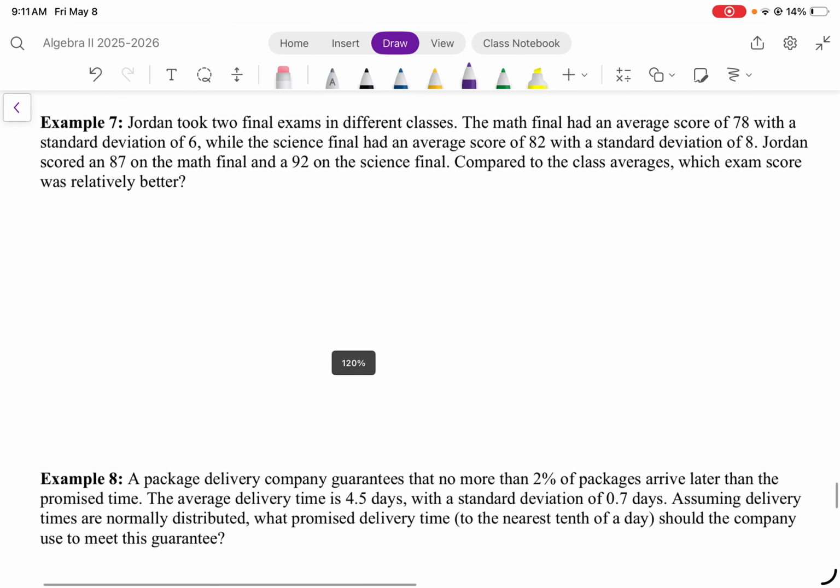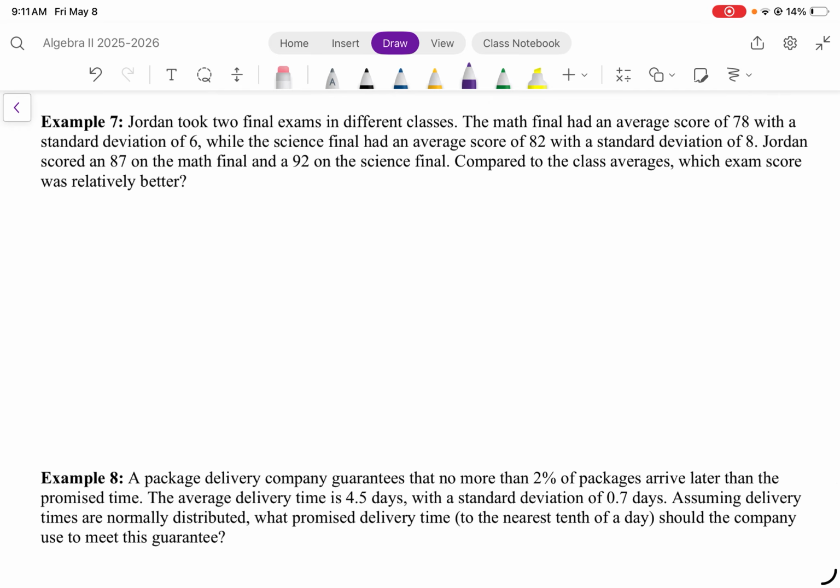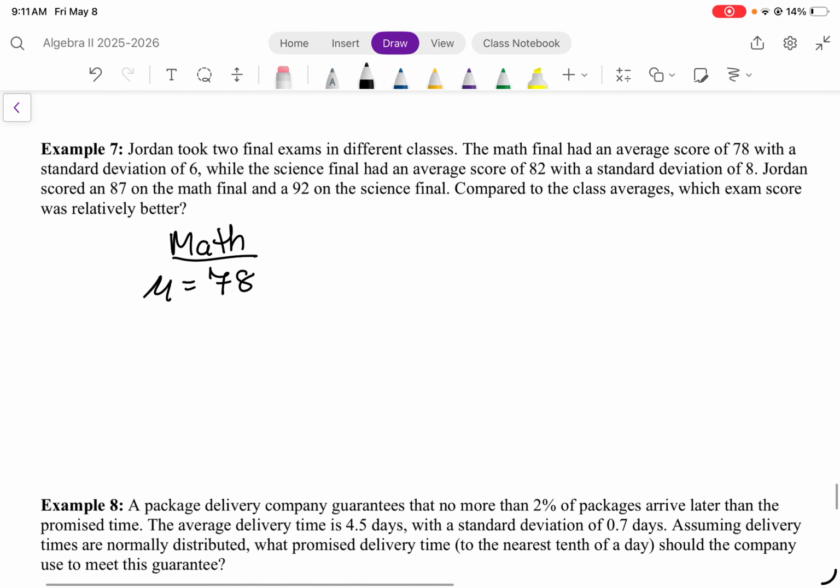Okay, example 7. This one says Jordan took 2 final exams. So again, we are comparing 2 different situations. First one was the math final, which had an average score of 78 with a standard deviation of 6.